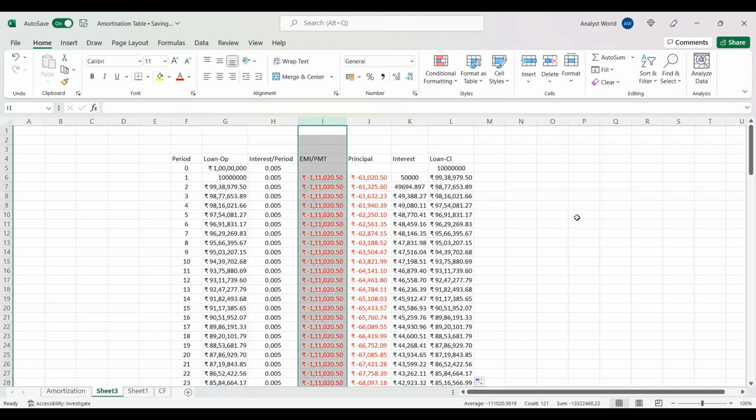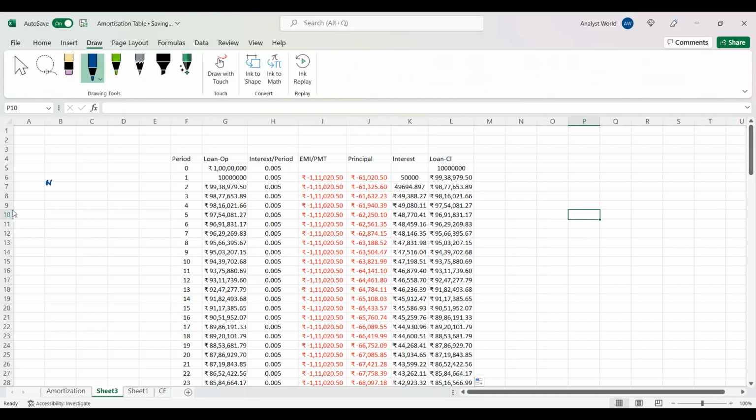Now, the first thing that I want you to do is to calculate at your end itself once again. Press second, clear TVM. After you've done that, put in all the details as required. N is equal to 120. I/Y happens to be 0.5.